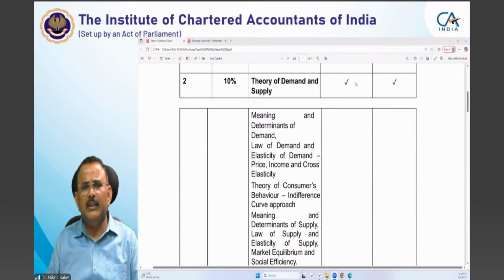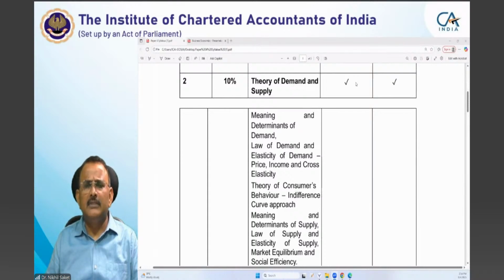Now you have the advantage of at least seeing the questions, what type of questions from a particular chapter have been coming. So accordingly, when you are reading the chapter, that particular type of question comes to your mind, that okay, these are the probable questions which will come in the examination, and I have to solve that.